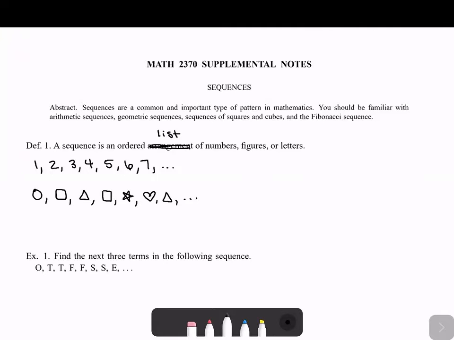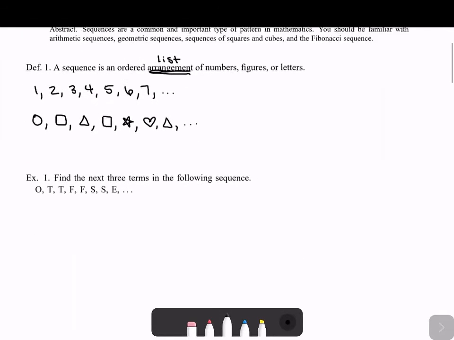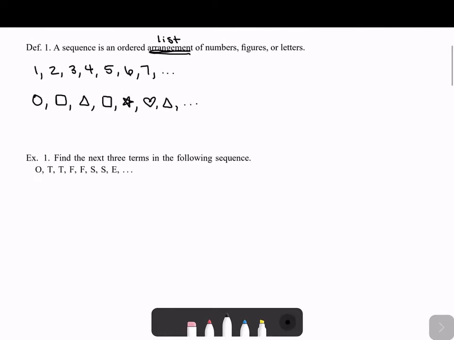For our first example, we are going to look at a sequence of letters. We have this sequence O, T, T, F, F, S, S, E. And we are tasked with finding the next 3 terms in the sequence. At first glance, the sequence looks like you start with O, then you have 2 T's, 2 F's, 2 S's.